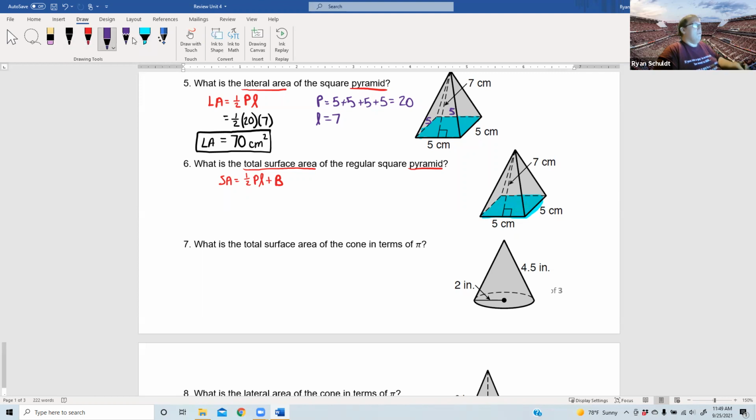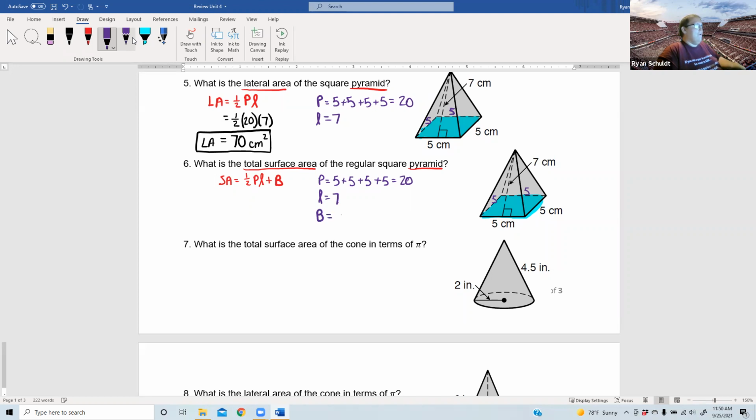Okay, let's find the perimeter of that square. P equals 5 plus 5 plus 5 plus 5 gives you 20. I need my L. They give me that. That's 7. And I just noticed, I think this one that we're doing now is the same as the one we did earlier. It is. Huh. Anyways, let's find the area of the base.